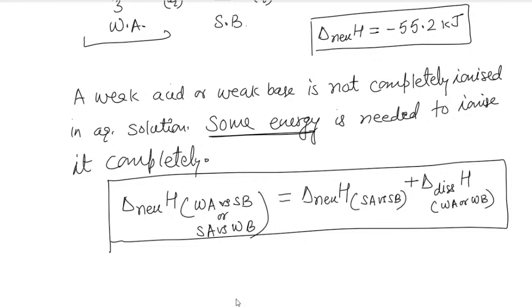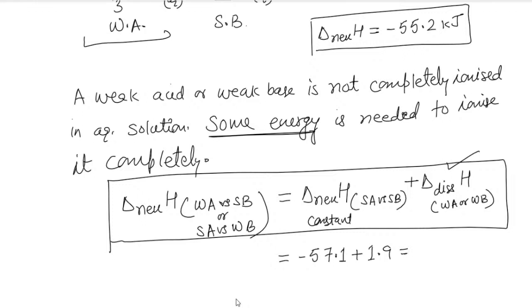See, it is always constant. This enthalpy of dissociation is variable. That's why the enthalpy of neutralization of a strong acid by a weak base, and vice versa, is not constant. So in case of acetic acid, let us say it needs energy 1.9 kilojoule to get completely ionized.